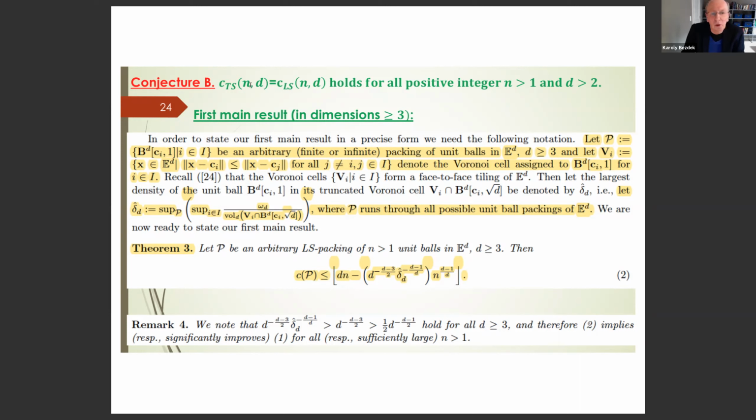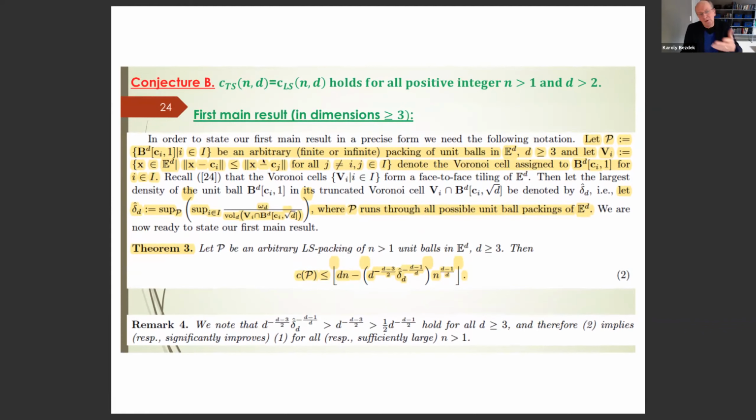So the largest contact numbers are equal to each other. I can prove this only in the plane, and I will state that result. So this conjecture is really wide open.